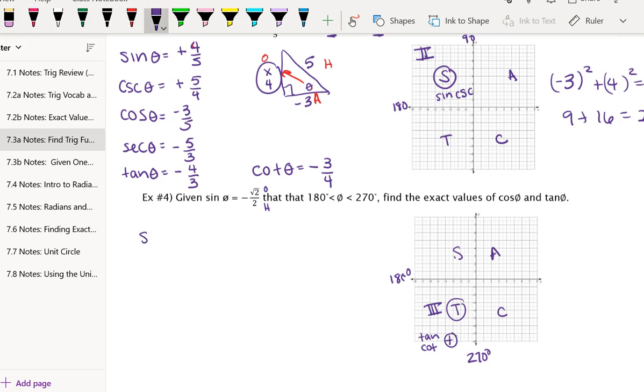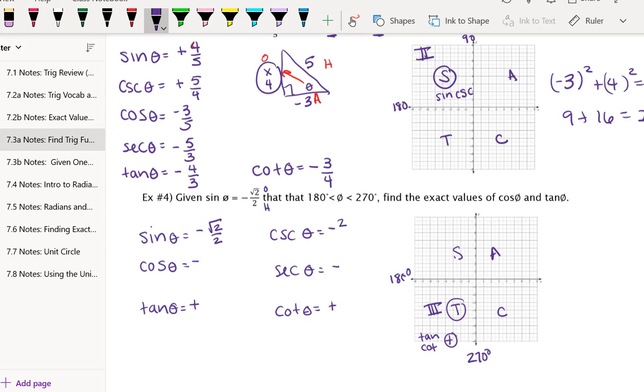Okay, so let's just do it here: cosecant, secant, tangent, and cotangent. Tangent and cotangent are positive. Everything else is negative.